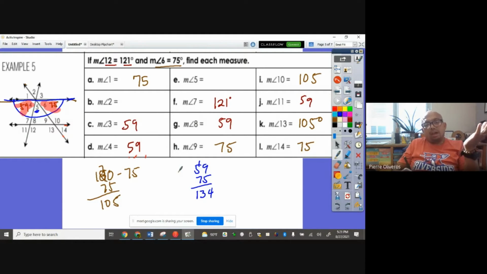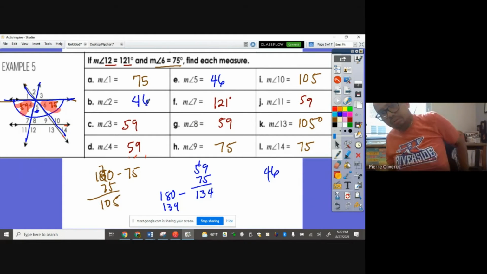For me to get angle 5, I need to subtract that from 180. So 180 minus 134 will be 46 degrees. So angle 5 is 46 degrees. Okay. And if that's 46, you can tell 2 and 5 are vertical angles. So therefore, angle 2 is 46 also.